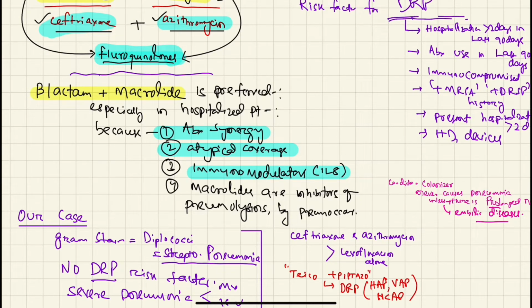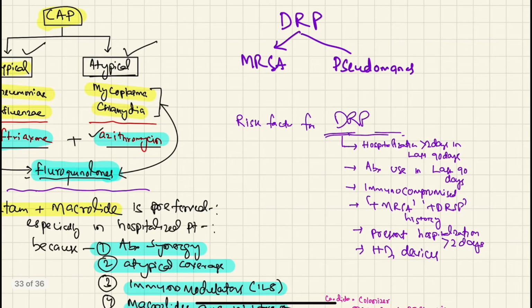They mainly act against the IL-8 receptors. The pneumolysin produced by the pneumococcus is not inhibited by either beta lactams or fluoroquinolones, so we have to give a macrolide.